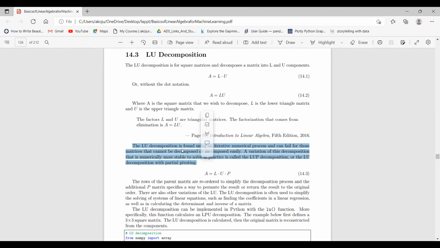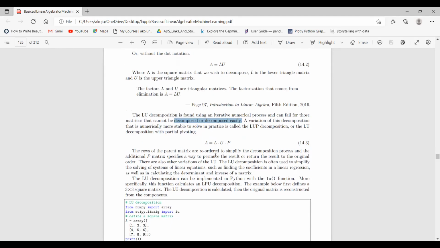But this step-by-step procedure fails for those matrices that cannot be decomposed or cannot be decomposed easily. So we need to see whether it can be decomposed, or whether it can be easily decomposed.